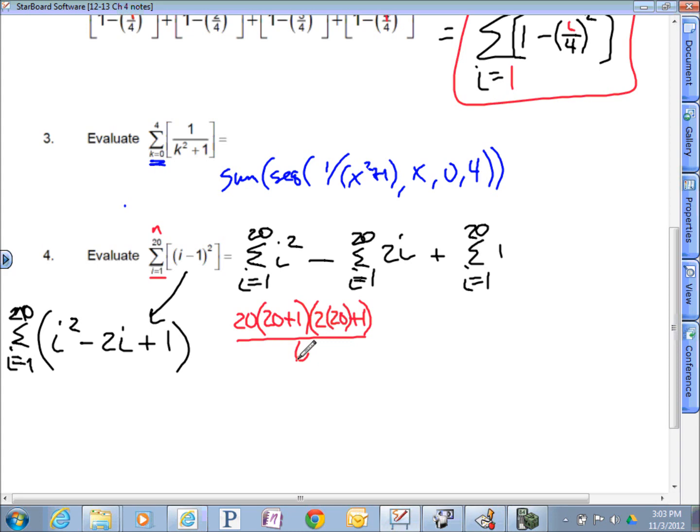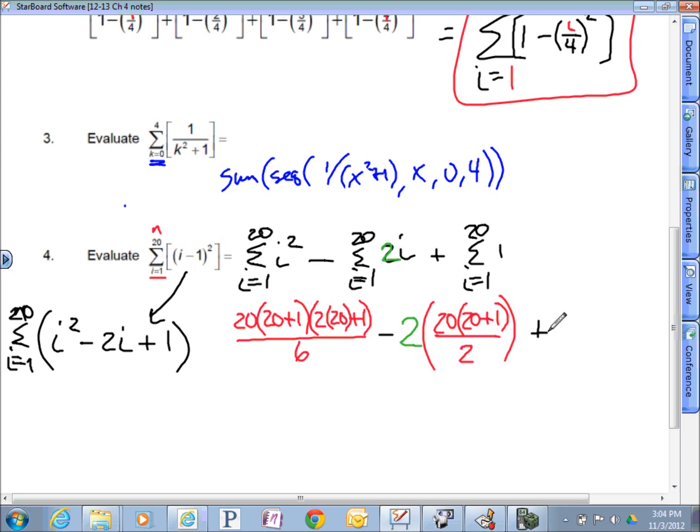There's your first one. Second one, well, wait a minute. This 2 right here is really a constant. So I'm going to put it out in front, and I'm going to multiply it by the shortcut of sigma I equals 1 to 20 of I. That shortcut, 20 times 20 plus 1 divided by 2, plus sigma I equals 1 to 20 of 1.